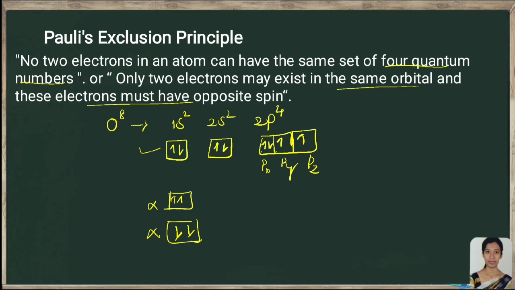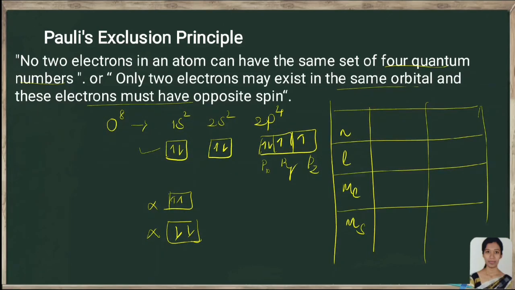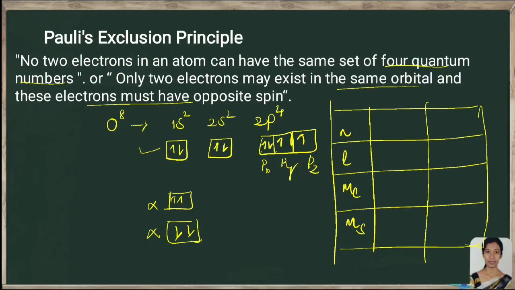Now I'll consider any 2 electrons of this. As we know, we have 4 different quantum numbers: principal quantum number, azimuthal quantum number, magnetic quantum number and spin quantum number. Now I am going to consider 2 electrons from the oxygen atom and write the 4 quantum numbers for these 2 electrons.